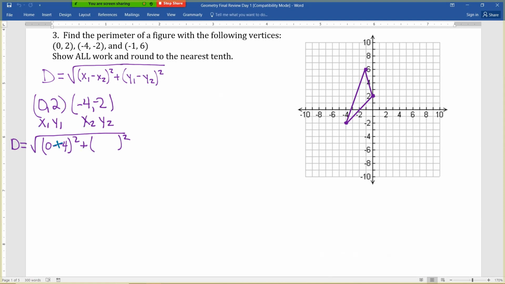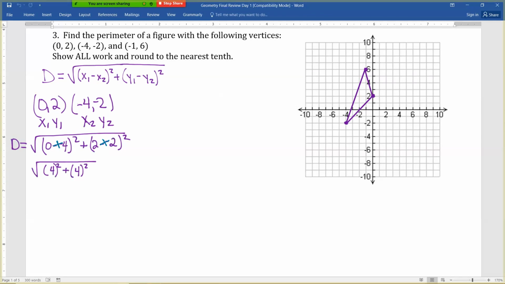Then I'm taking y1 minus y2, 2 minus -2. Again, as soon as I see that double negative, I'm changing it to a positive. Then I'm going to combine like terms in my parentheses. 0 plus 4 gives me 4. 2 plus 2 gives me 4.